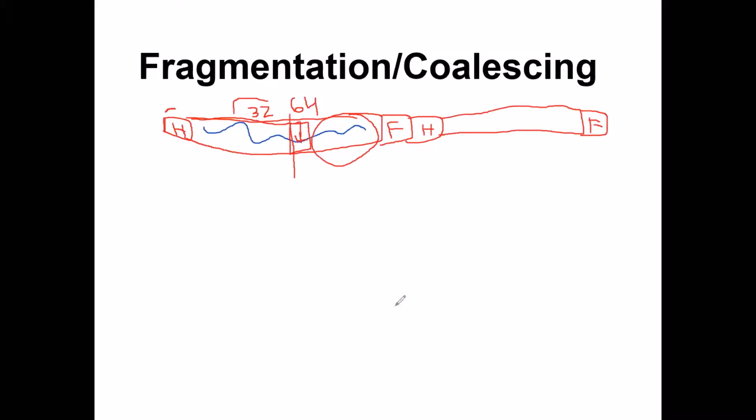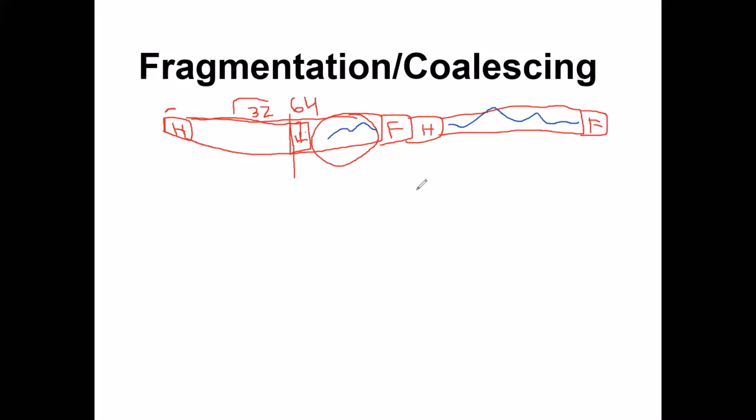Coalescing is a little different. Basically, let's say we freed this block here after we allocated this, so this isn't free anymore. But this is free. We have two blocks next to each other that are free.